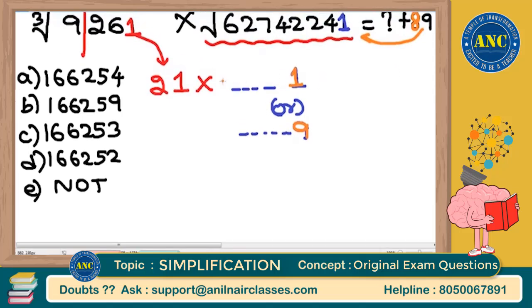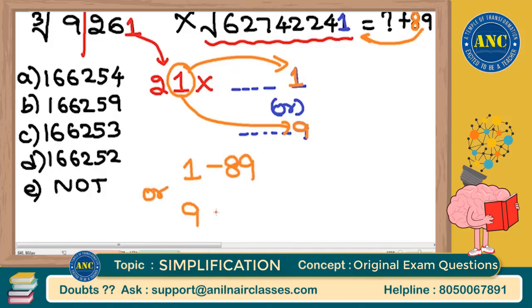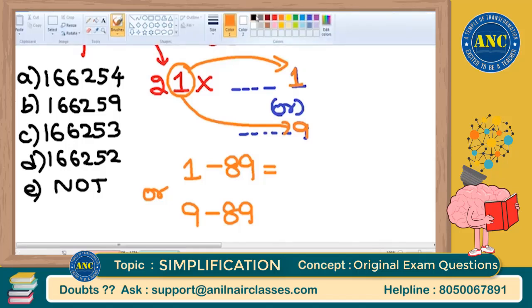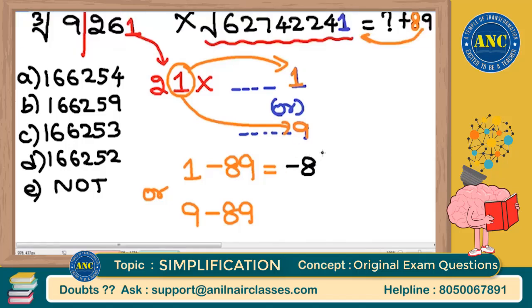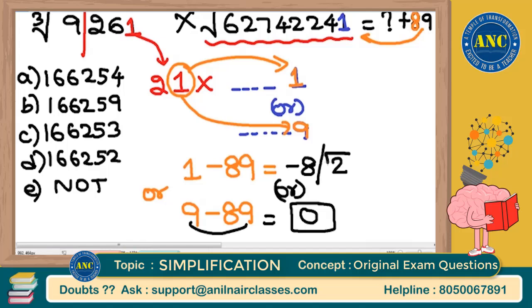That means 1 into 1 will end with 1, or 1 into 9 will end with 9, and then this 1 is subtracted from 89, or that 9 is subtracted from 89. 1 minus 89 is minus 88, so minus 8, add 10, it is ending with 2. Or in other words, 9 minus 9 should end with 0. The answer should end with 0 or with 2. There is only one option which is ending with 2. That should be the correct answer.